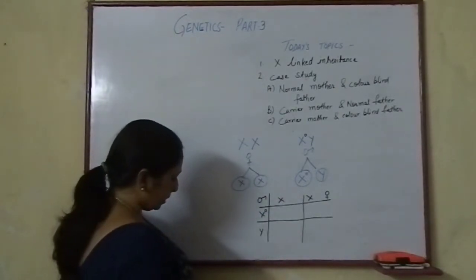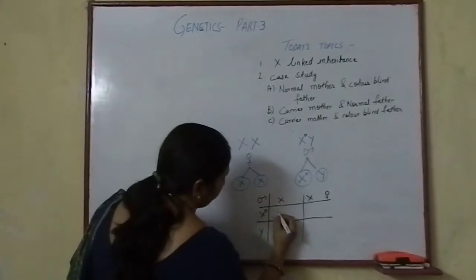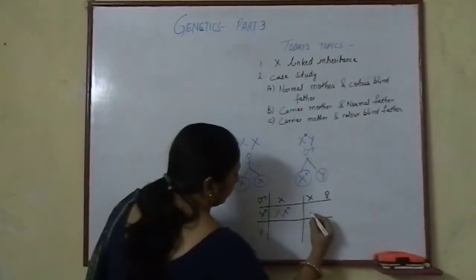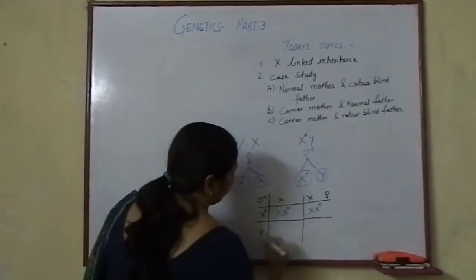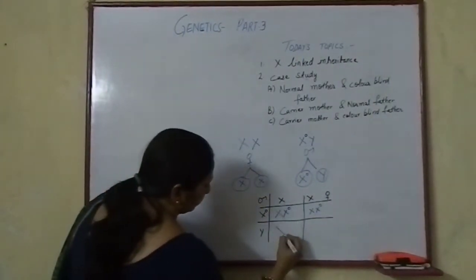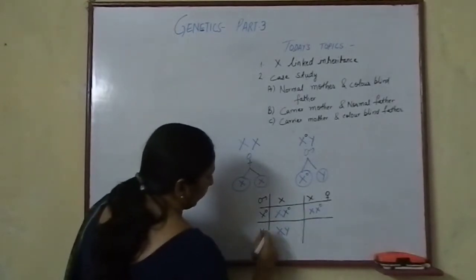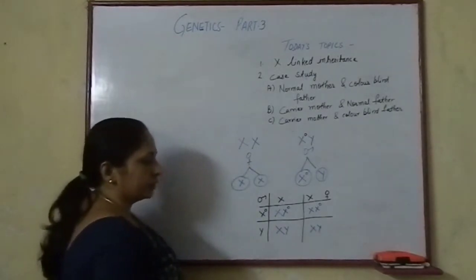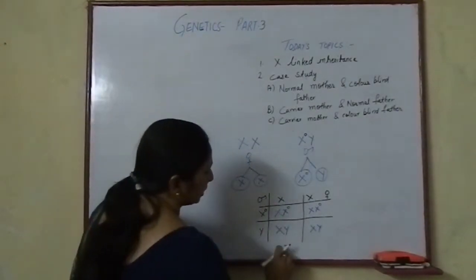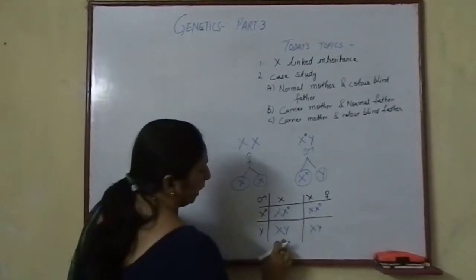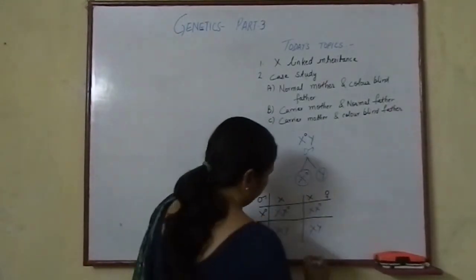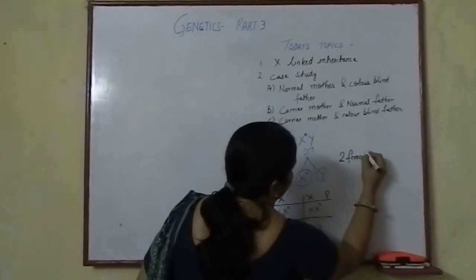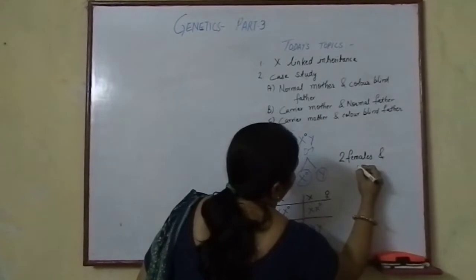Now in this case, the result we get is X X0, X X0, XY and XY. All four offsprings, as you can see, are 2 females and 2 males.